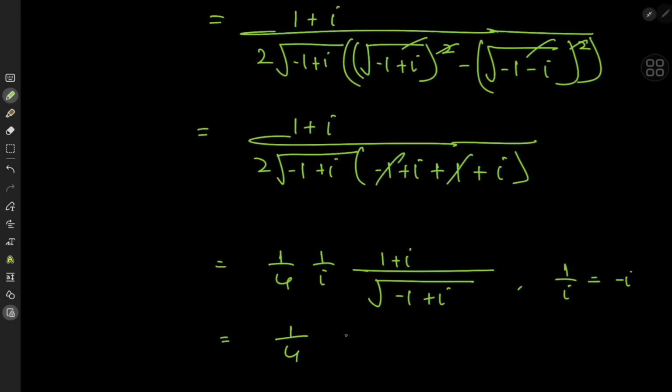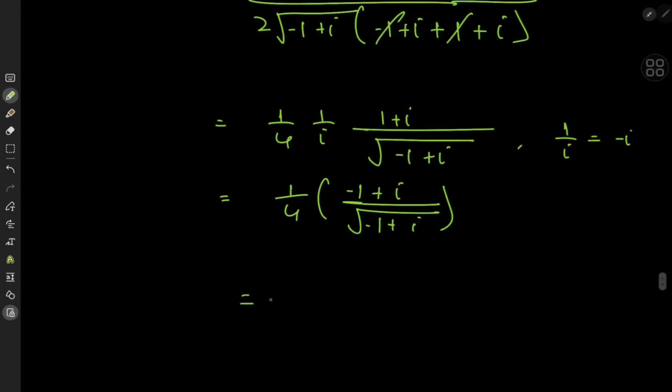So we have a quarter times negative i minus i squared, which is of course going to result in us having negative 1 plus i divided by root negative 1 plus i, and we all know exactly what happens next. We have a quarter, wait, I forgot a negative sign because of this thing here.